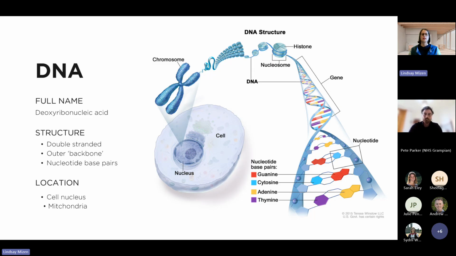So this outer bit is the backbone, and these are the nucleotide base pairs in the middle. And DNA can be found in the cell nucleus, which is like the hub of the cell, the control center, and also in tiny little parts of the cell called mitochondria, which have slightly different DNA, but I wasn't going to go into too much of the complexity of that just now.